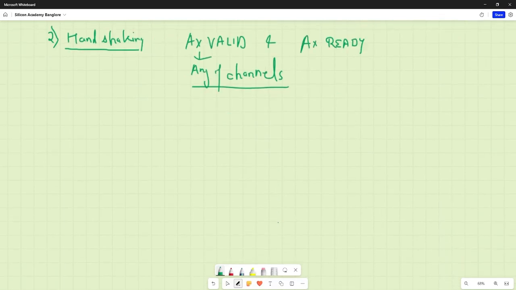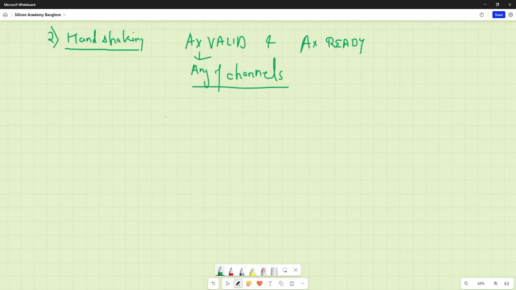So how this handshaking happens: the valid signal indicates that the information that has been written into the bus is actually valid currently. Suppose all other signals, except the assertion of the reset, are synchronous signals.